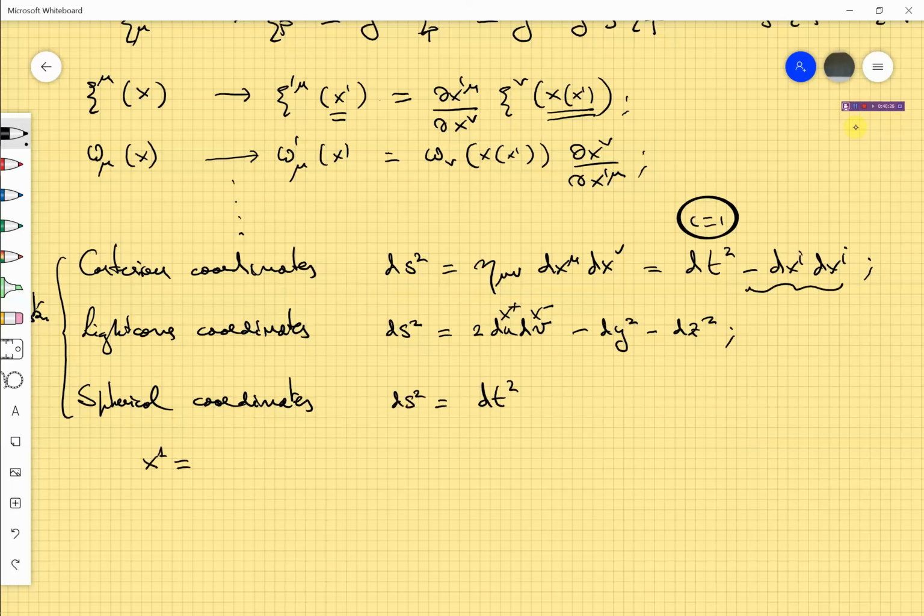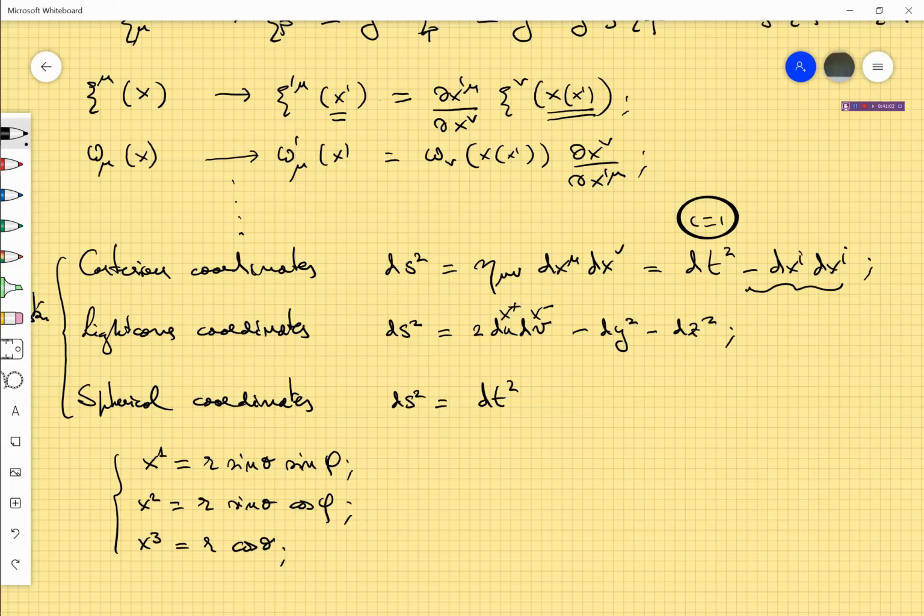So x1 is r sine theta sine phi, x2 is r sine theta cosine phi, and x3 is r cosine theta. There are, unfortunately, slightly different definitions for spherical coordinates in the literature. Some signs are changed by cosines and so on. This is the one I am taking.